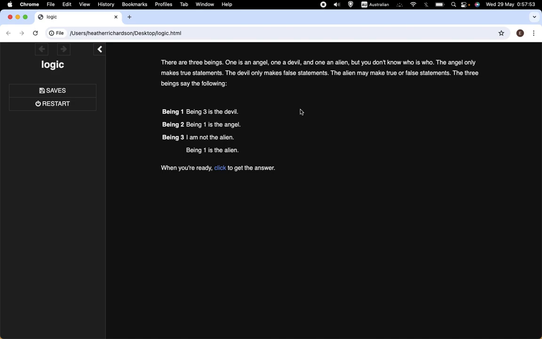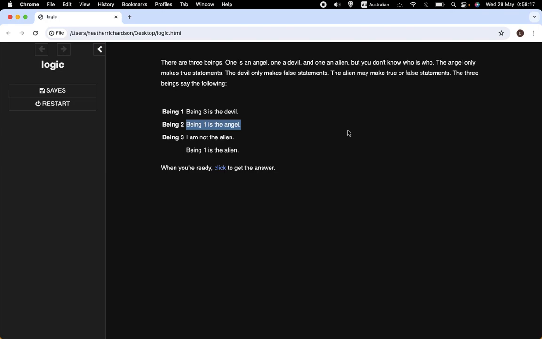So probably the first thing that I would look at in this case is this statement by being two. Being two says, "being one is the angel." The angel will never make that statement because there's only ever one angel, and angels always make true statements. And so an angel will never say someone else is the angel.